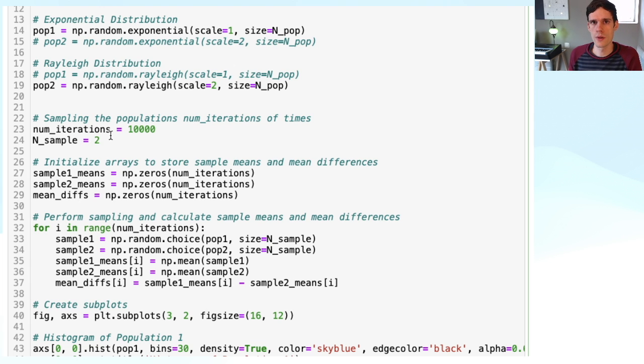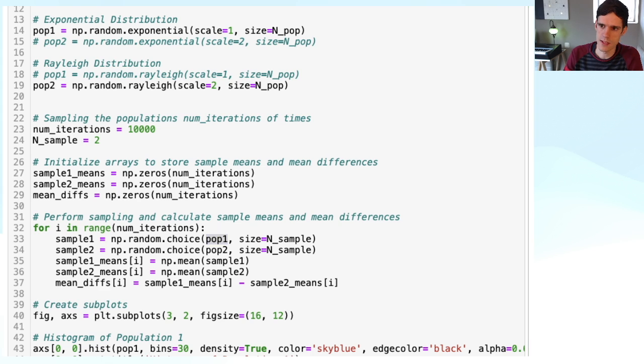Now, before we run this cell and look at the resulting figures, let's think about what it actually means when we change this number. We are still going to take 10,000 samples, which we do in this for loop. But each sample will now only consist of 2 data points randomly sampled from our population. So the sample size will be 2.